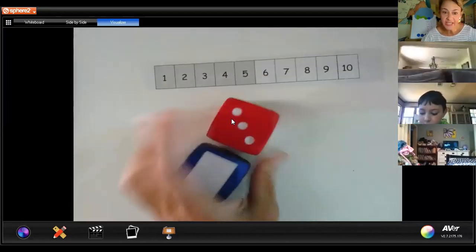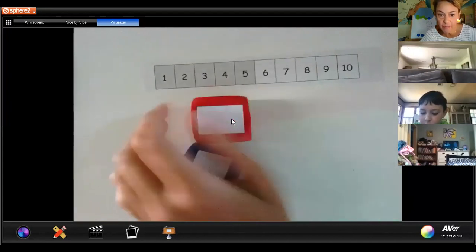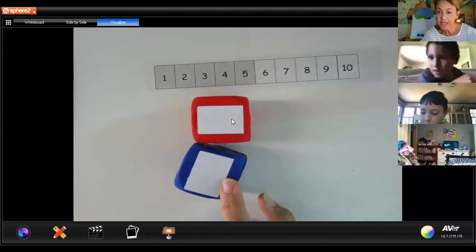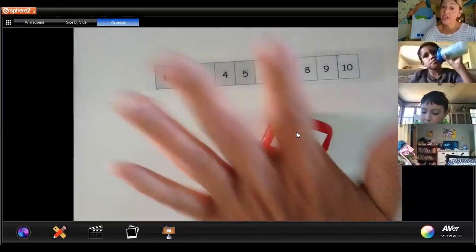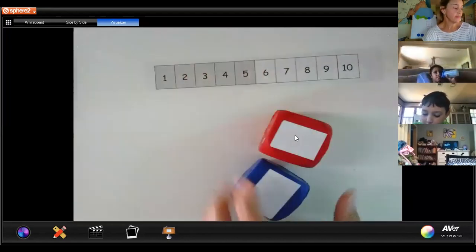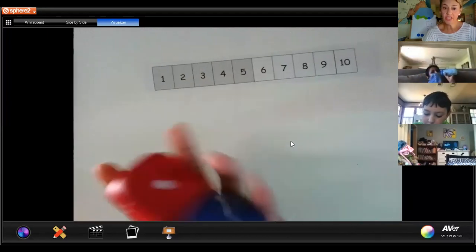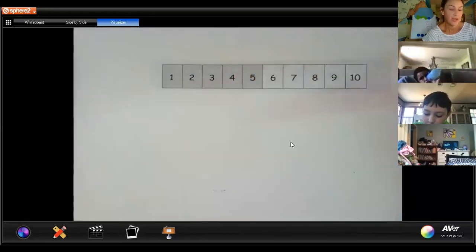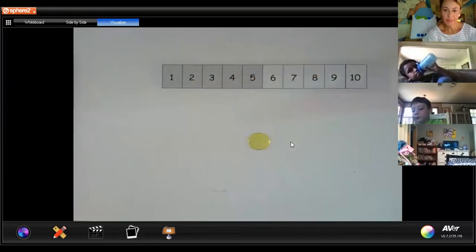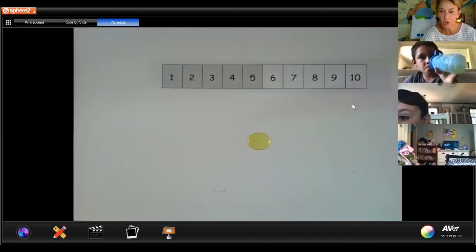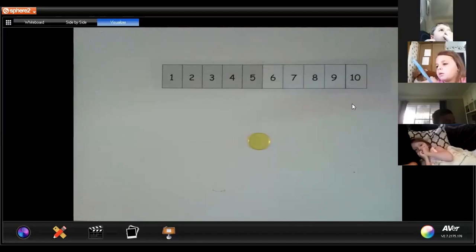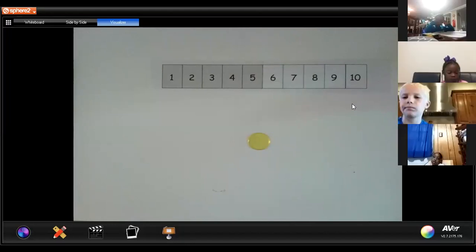Here are our dice, okay? Now we've covered up the number 6 because we only use our dice to go to the number 10, okay? So watch what I'm going to do. Now look, see right here, my counter is yellow. I'm going to pretend he's the yellow poison dart frog from the Amazon forest.